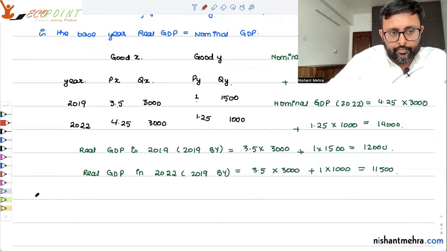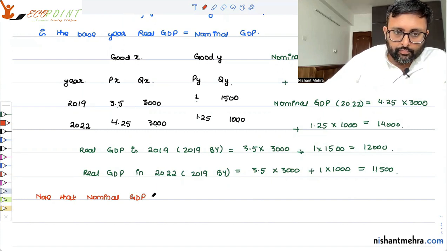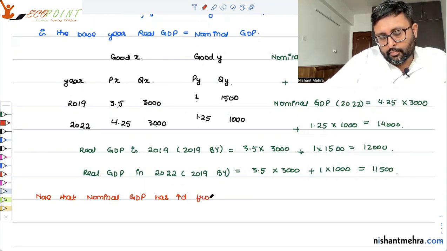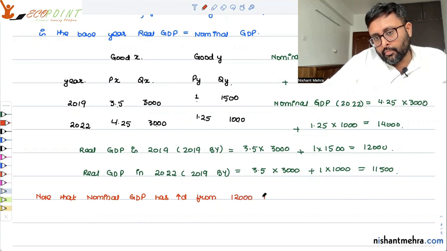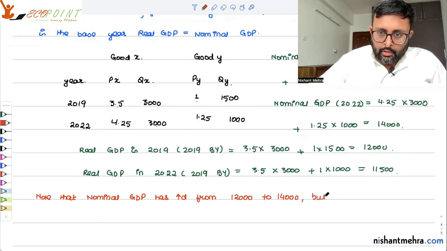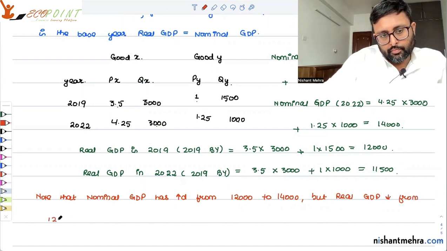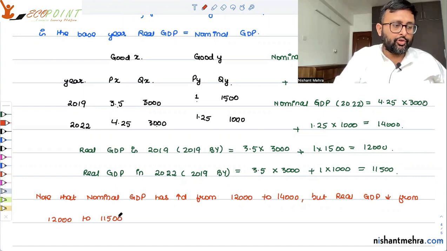Note that: nominal GDP has increased from 12,000 to 14,000, but real GDP decreased from 12,000 to 11,500.